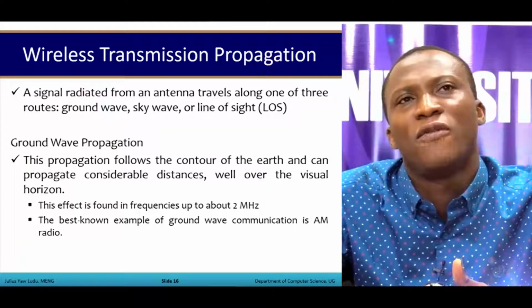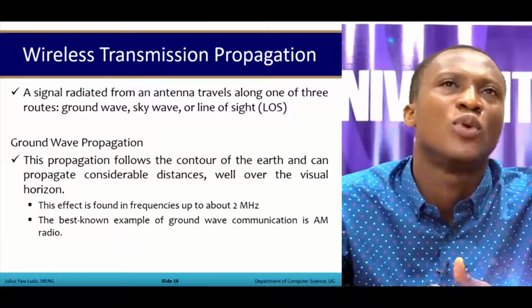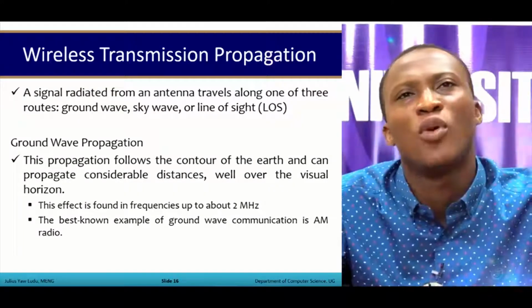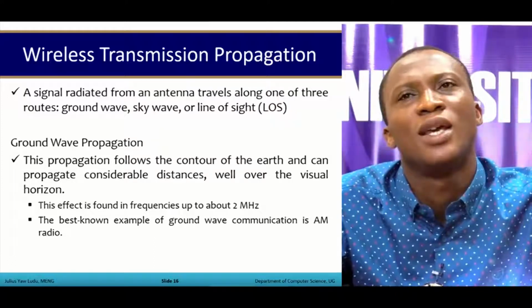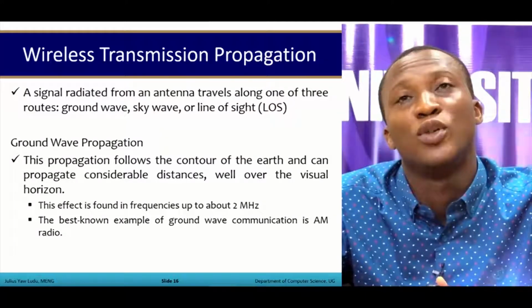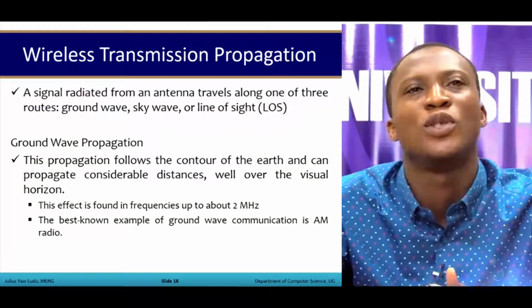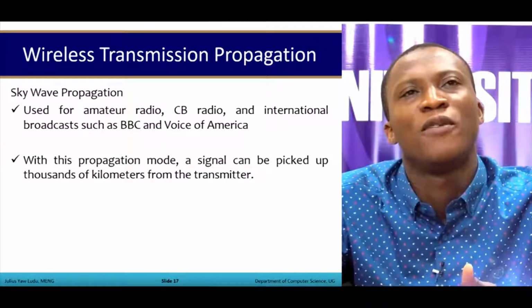This effect is found in frequencies up to about 2 megahertz. The best known example of ground wave communication is the AM radio. We hardly use the AM radio. What we use is the FM radio.